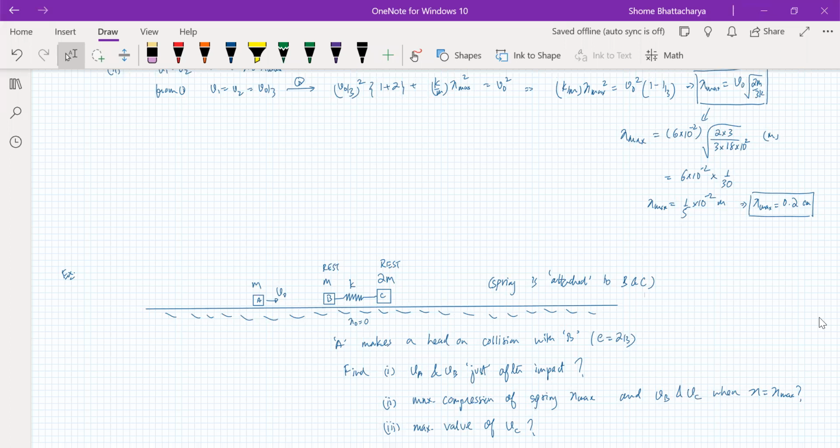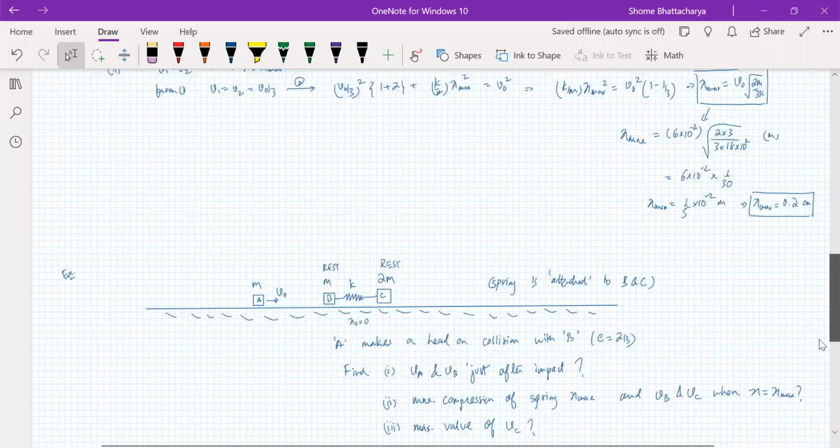Okay, people, I'm going through the answers sent. Now, the thing is, what we have to understand is that the collision between A and B, even though there's the spring attached from the other side, is going to be almost like an independent event. Because what happens is that A and B's collision is going to be very fast. The time of contact is very short. And during that much time, the spring hardly reacts in that sense. It takes a longer interval of time for the spring to start compressing.